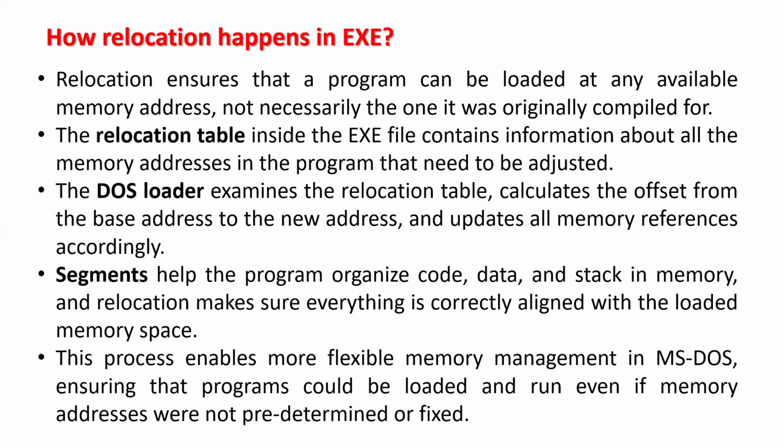These are the values that indicate locations in the program code or data which need to be updated so as to reflect the new base address where the program would be loaded. So this relocation table helps identify where in the code or data to apply the necessary adjustments.